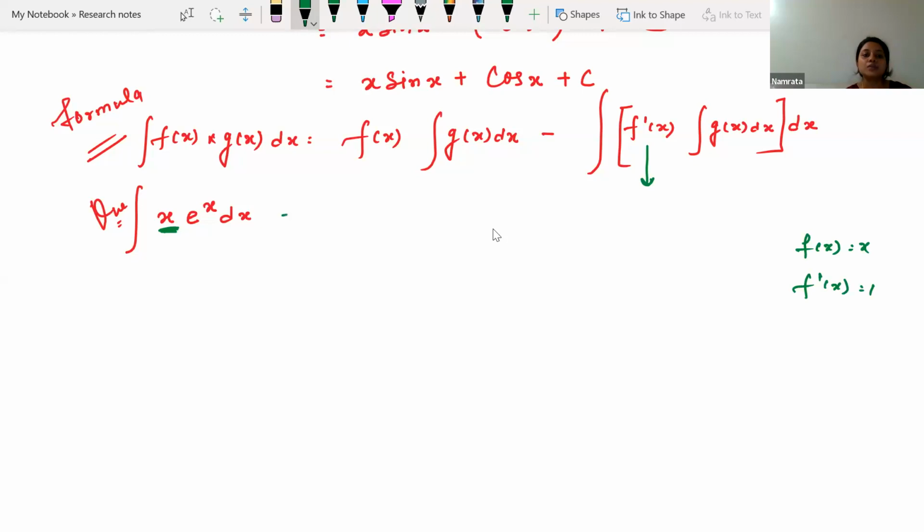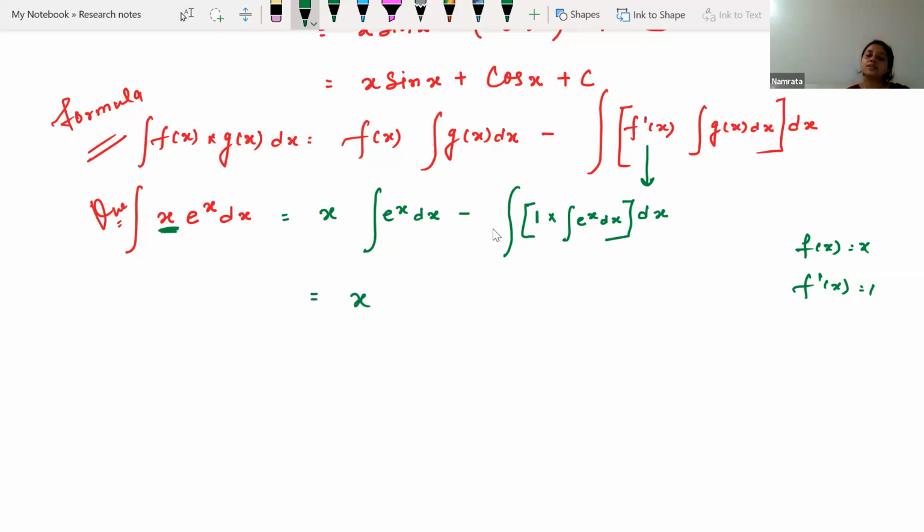So let's do it. It says first function, that is x, integration of second function, that is e to the power x dx, minus derivative of first function, derivative of x is 1, I am going to write directly, into integration of second function, that is integration of e to the power x dx we have to find, and whatever result in total we are getting, that's integration we have to do again.